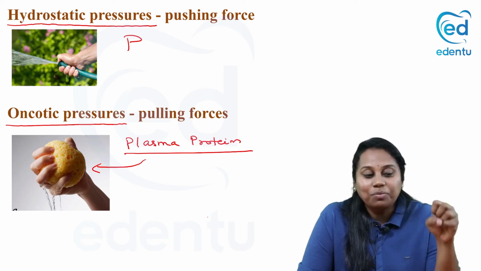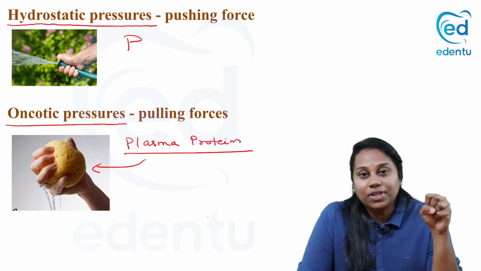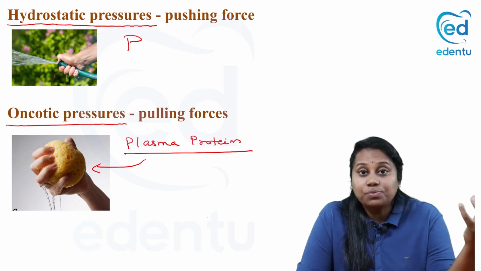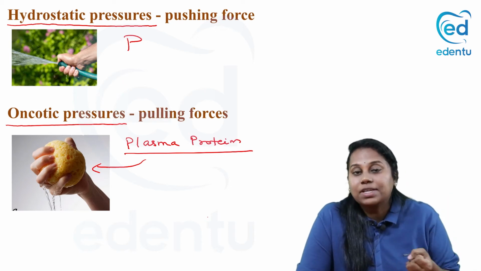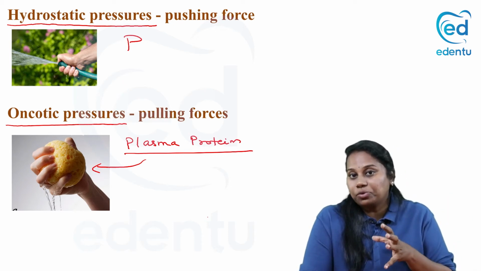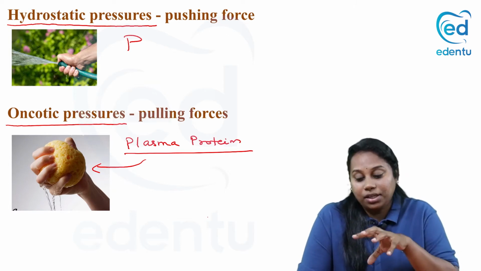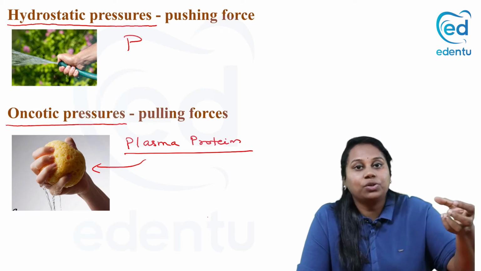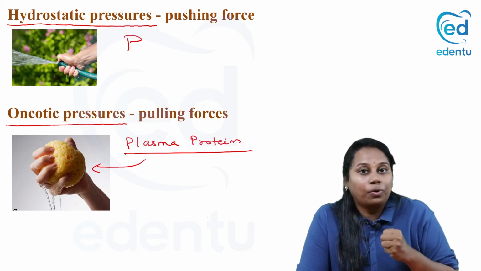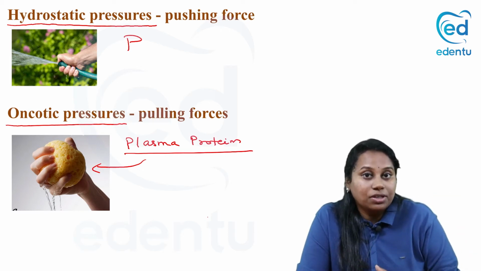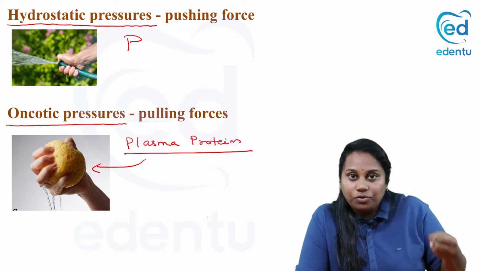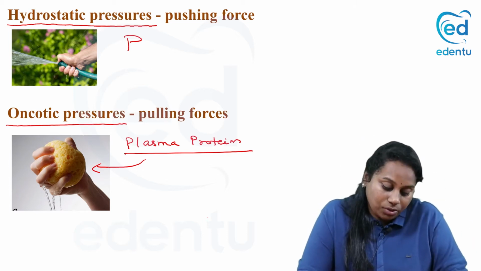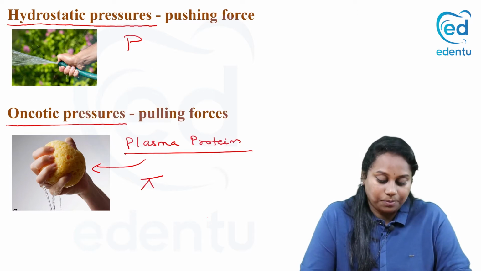It will keep absorbing water. That is the nature of the sponge. Similarly, if you have plasma proteins in any compartment, they will keep pulling the filtration to their side. So oncotic pressures always act as pulling forces, and this is denoted by the letter pi.